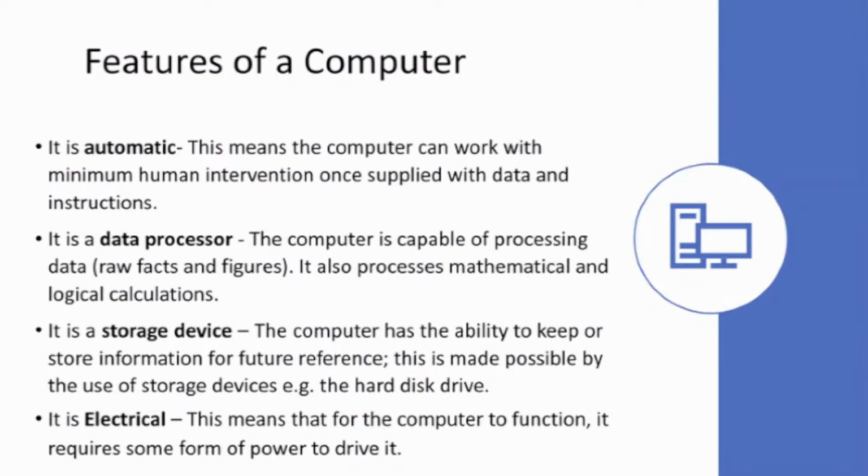Then it is a storage device. What is a storage device? A storage device means we can store our data or anything inside our computers. Our computer has main memory. Main memory means our RAM, random access memory.